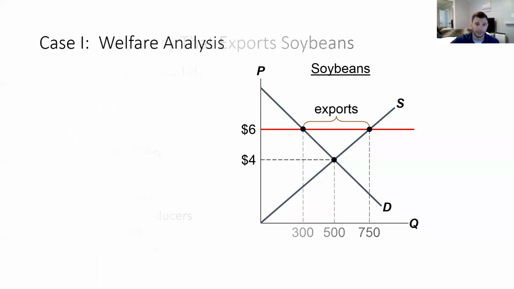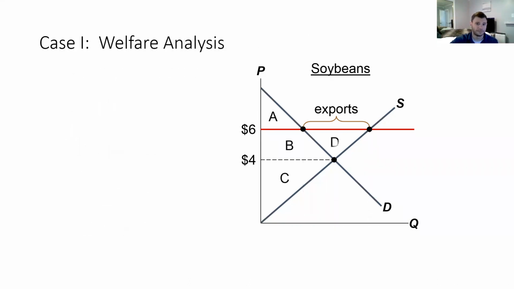So I'm going to go ahead and label these areas, and we're going to do our basic welfare accounting. We're going to look at the size of the economic pie without free trade when we're in autarky, and then we will compare that to the size of the economic pie under free trade when we open up and start trading with the international community.